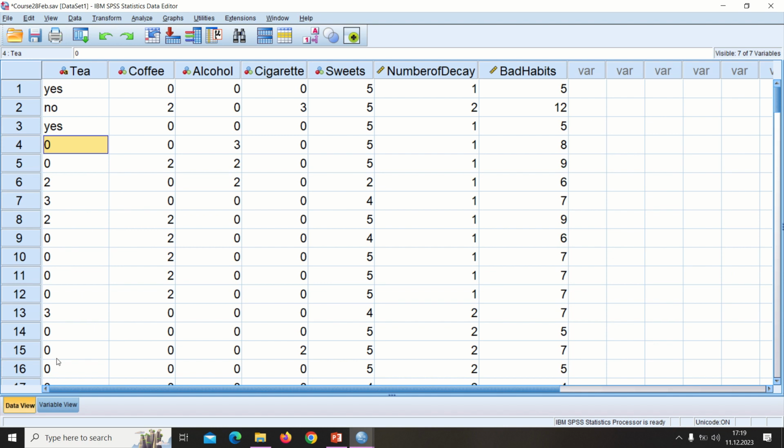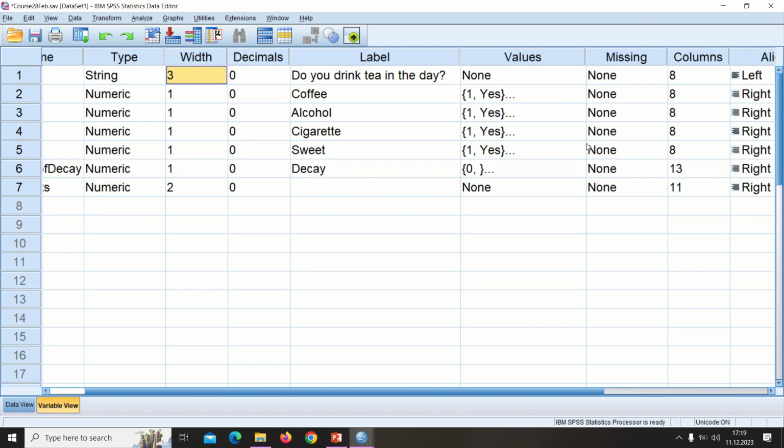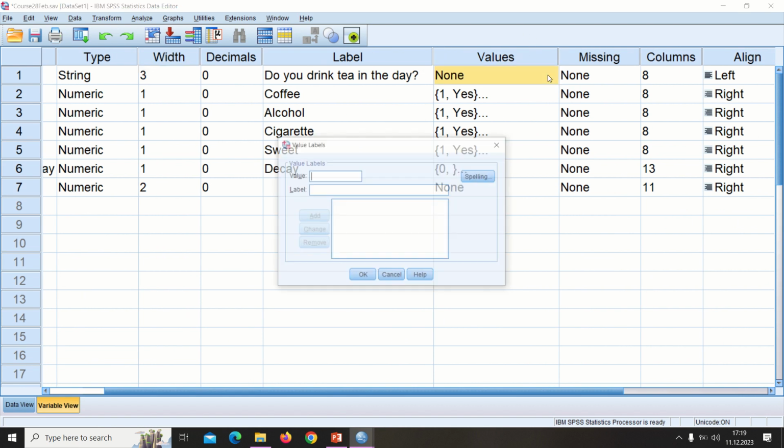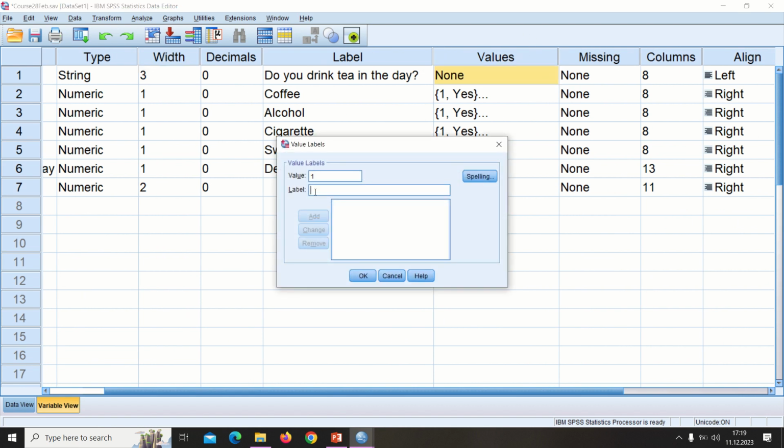Or we can do it like that, or here in the value section write 1 yes, group it, okay, 2 no, like the other ones, okay.